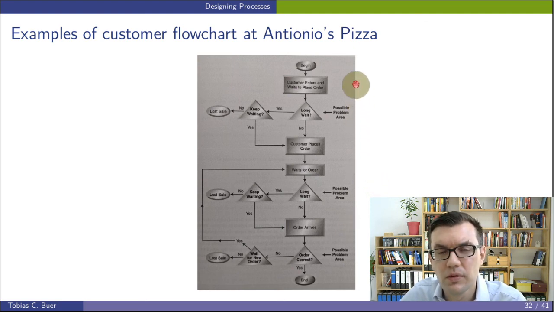So you see, you can create with this simple notation more complicated processes with some inventory, decisions, events, and this helps to visualize and make the different processes, the different steps much clearer.